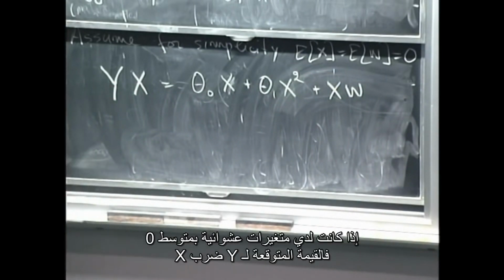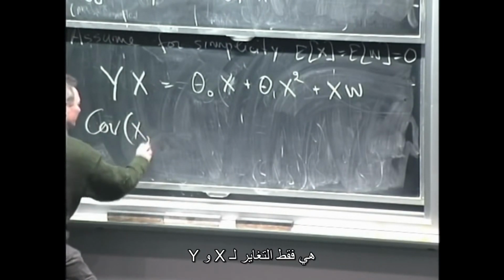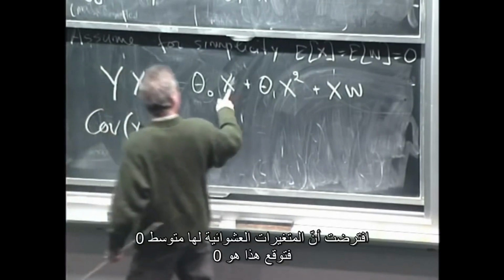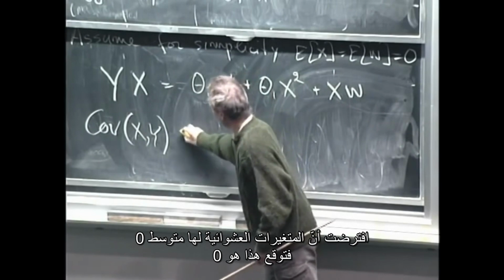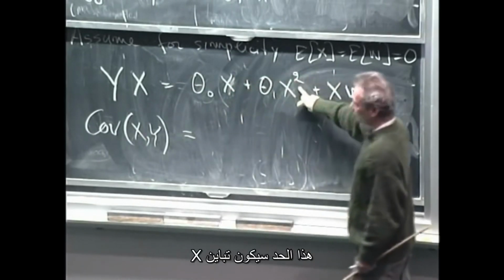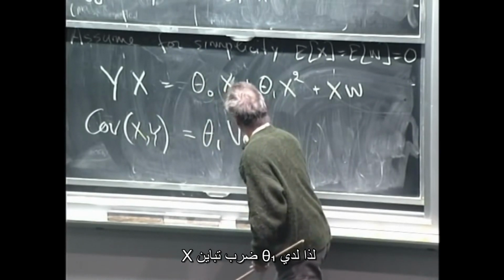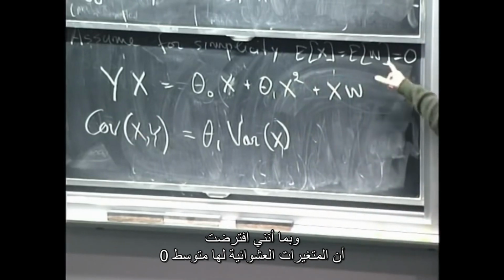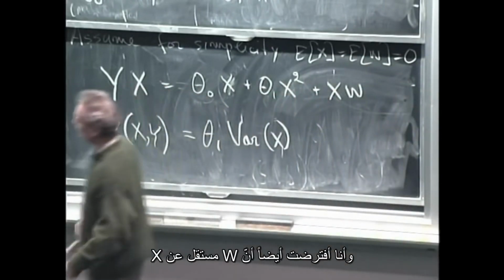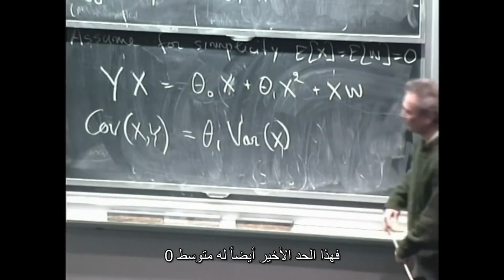If I have 0 mean random variables, the expected value of yx is just the covariance of x with y. I have assumed that my random variables have 0 mean, so the expectation of theta 0 x is 0. This one is going to be the variance of x, so I have theta 1 times the variance of x. And since I'm assuming that my random variables have 0 mean, and I'm also assuming that w is independent of x, this last term also has 0 mean.